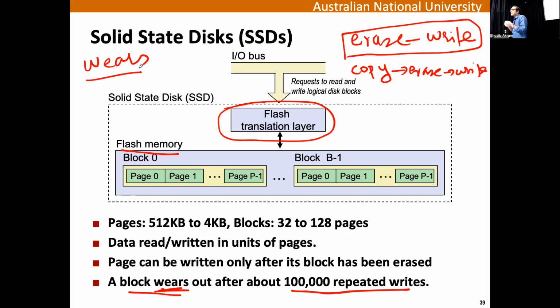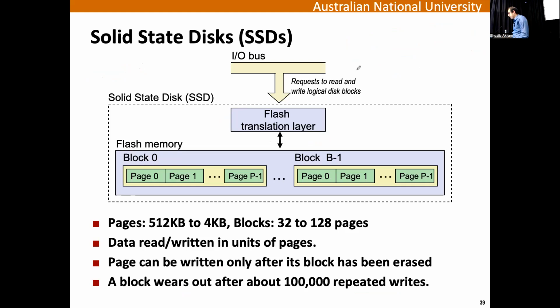Those are very stressful operations for the technology that is used in flash. Wear out is not relevant to disks or to RAM, but these devices don't last a long time. After 100,000 writes or so, the block is no longer useful.